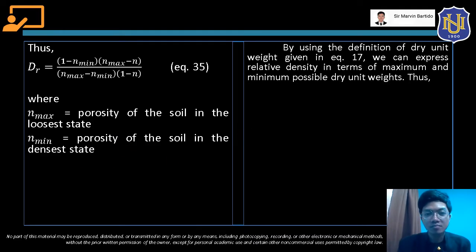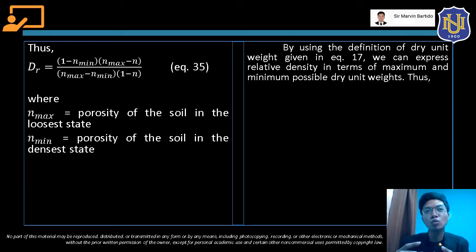Okay. So, by using the definition of dry unit weight also, class, we can express relative density in terms of the maximum and minimum possible dry unit weights. So recall, class, the formula we derived for dry unit weight is G sub S times gamma water over 1 plus E. Right? That is what we derived.